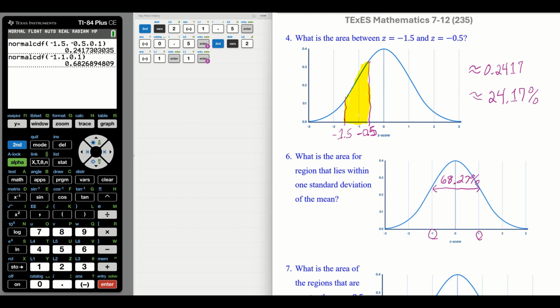Okay, while we're here, let's talk about the area under the curve from, let's say, -2 to 2. You don't have to push all those buttons again. You go up, highlight your CDF.